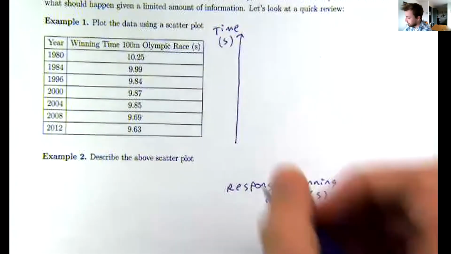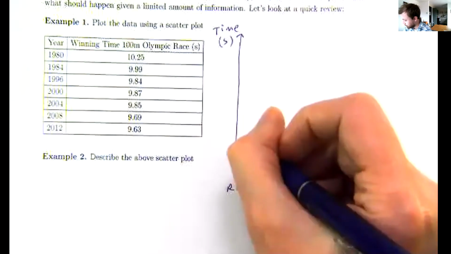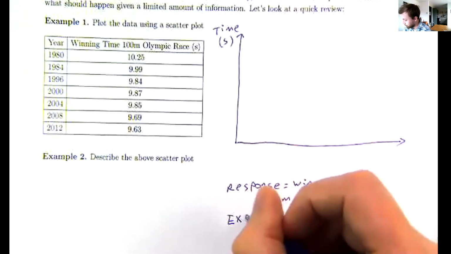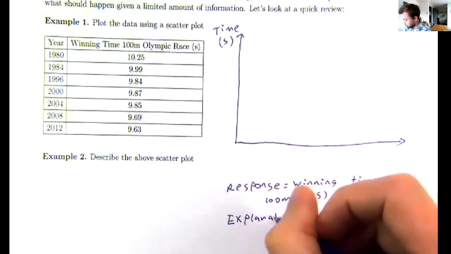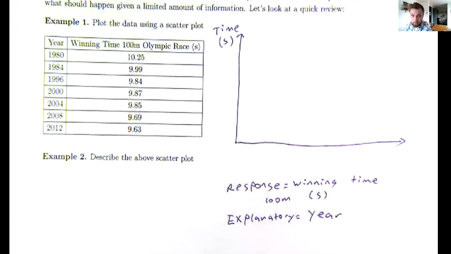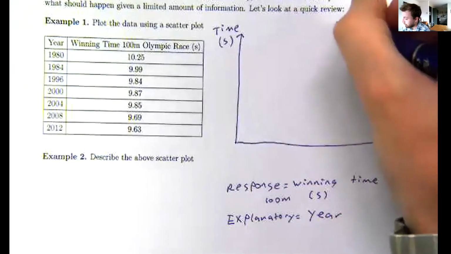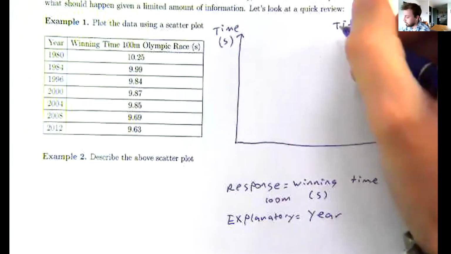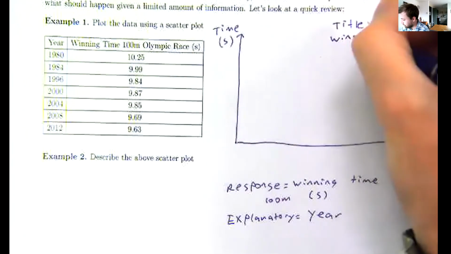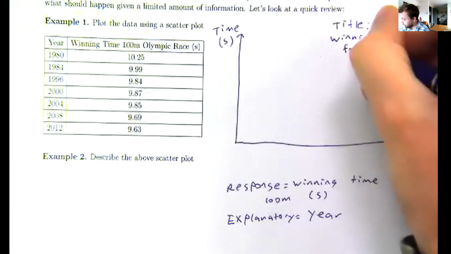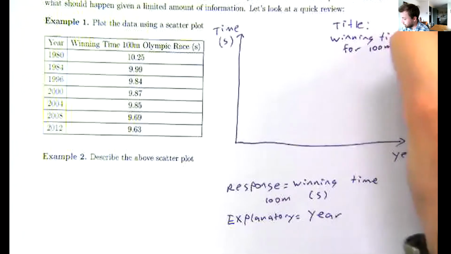And for the x-axis here, my explanatory variable is equal to the year. And any good graph has a title, so my title for this thing will be winning times for the 100-meter Olympic.